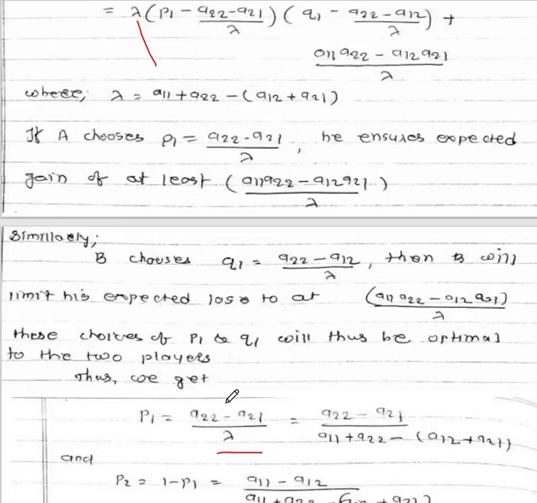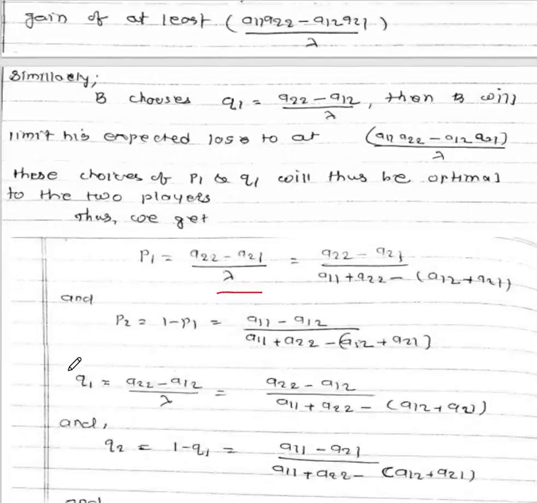Okay, so by using the condition P1 plus P2 equal to 1, P2 can be written as 1 minus P1. Putting these values, 1 minus A22 minus A21 divided by A11 plus A22 minus A12 plus A21. After solving, you will get A11 minus A12 divided by A11 plus A22 minus A12 plus A21.